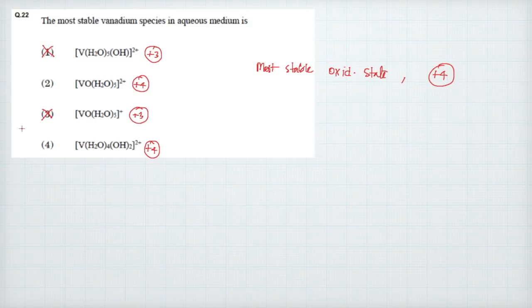Now the first thing you should know is that the most stable oxidation state of vanadium is +4. The second thing is that the most stable form of vanadium is the oxovanadium form.